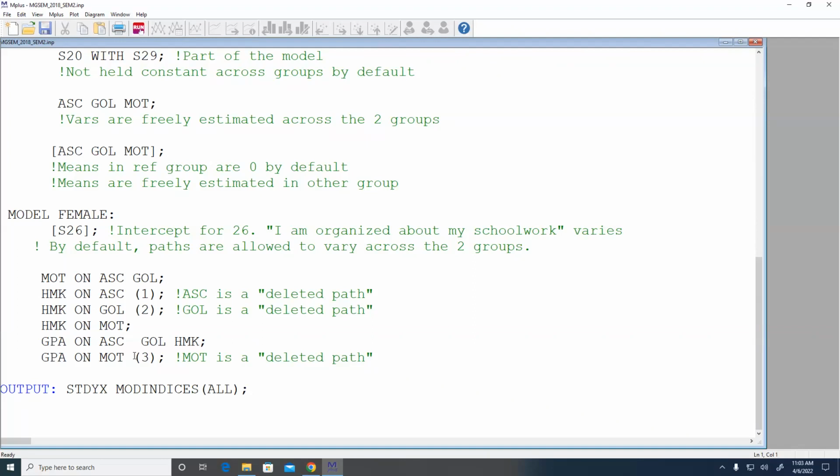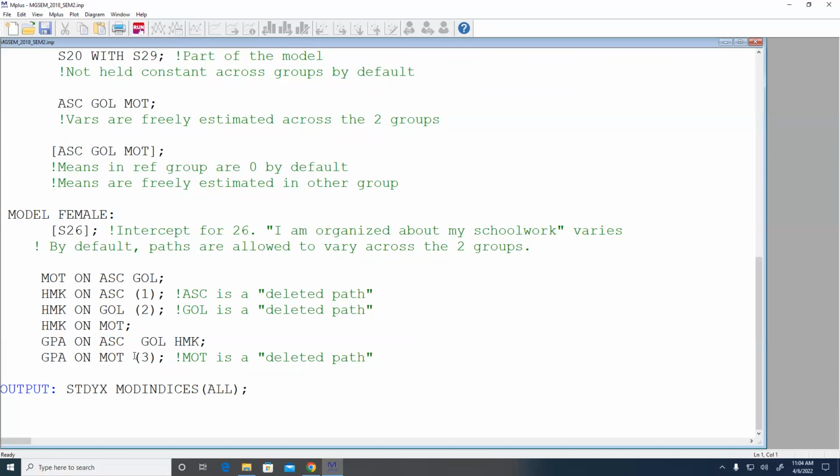I give it a name, right? And because I've given it the same name in both sections of my model input file, I'm telling Mplus to constrain that parameter to be equal, right? Anytime you give the same name to two different parameters, whether it's within a group or across groups, I'm telling Mplus to constrain those parameters to be equal.